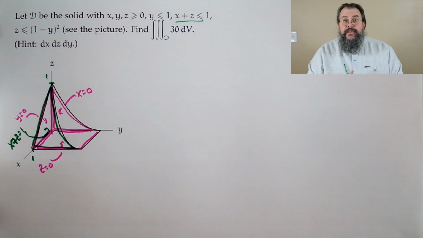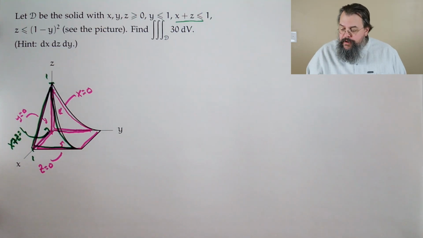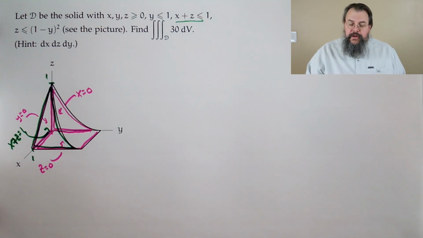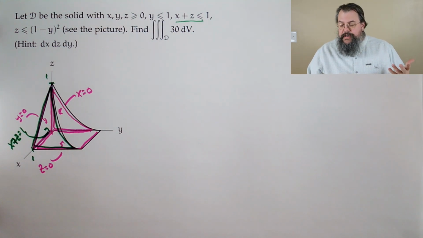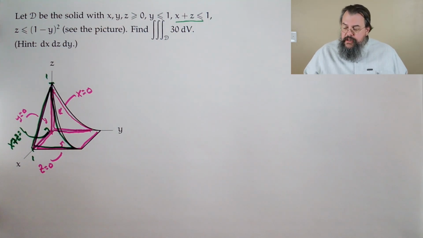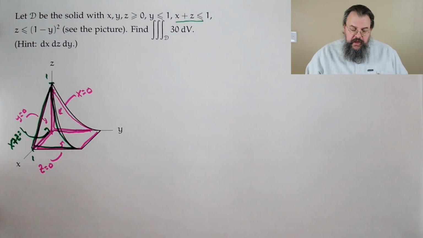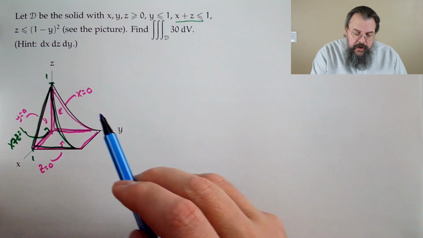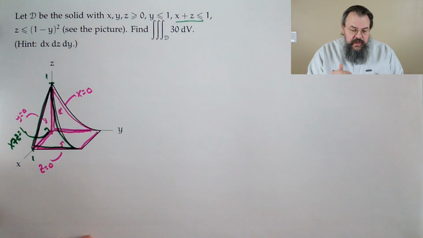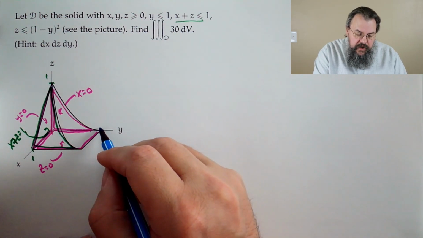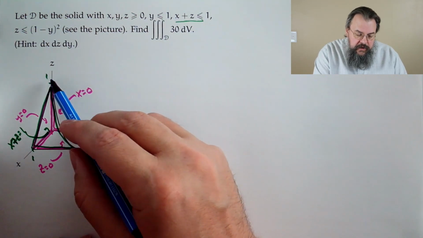Now, z less than or equal to 1 minus y squared. You'll notice there's no x. So you can think about it as just sitting in the yz plane. It's a parabola, and z equals 1 minus y squared would start over here at 1 and be going up.